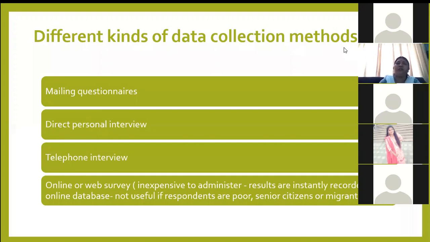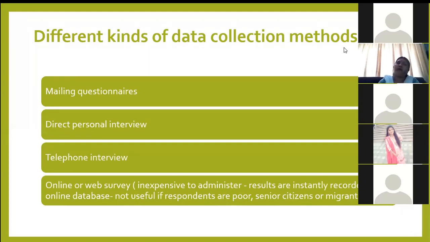illiterate, or senior citizens or migrants, we cannot use web surveys, because they require internet facility, they require computer facility, and for poor people or senior citizens, they may not be able to respond themselves. They may need the help of others.